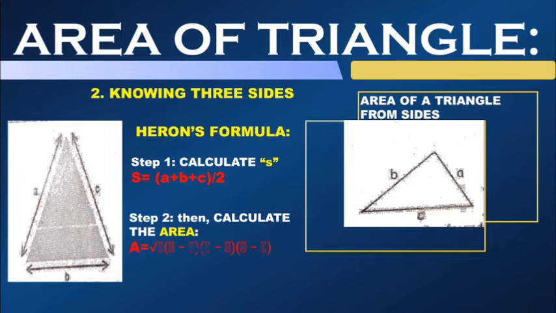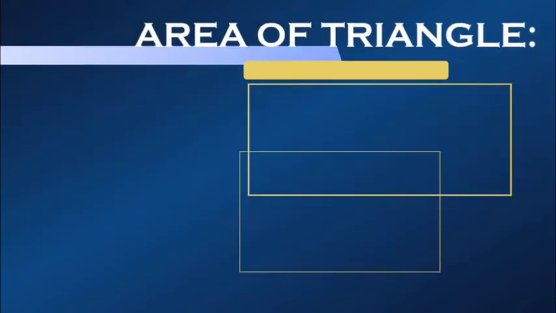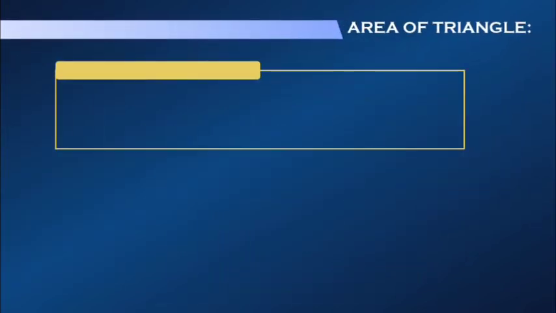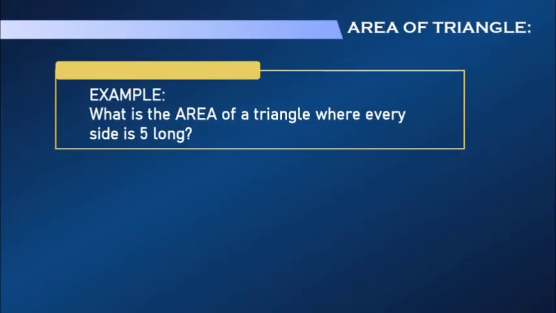If you already have half of the triangle's perimeter, the area is equal to the square root of S times the quantity of S minus A, S minus B, and S minus C.